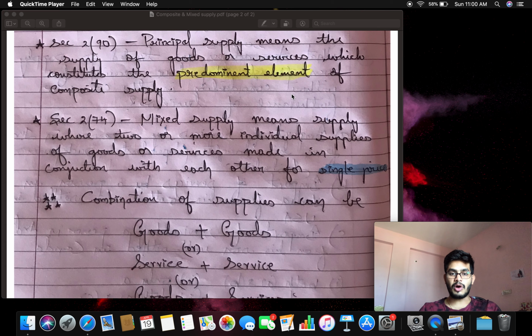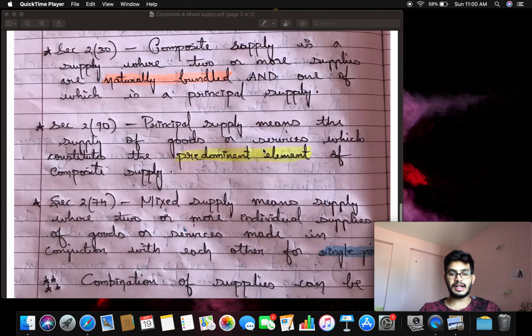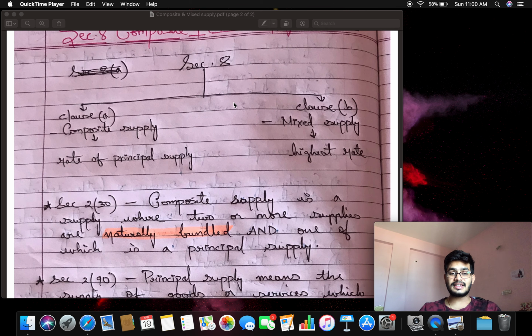So in the case of composite supply, the rate of the principal supply is what is taxable. For example, the TV priced at 50,000 is taxable. Like that, you go to the same electronic shop and buy a mobile phone. Along with the mobile phone, a charger comes. The principal supply is the mobile phone, and that is taxable, not the charger.